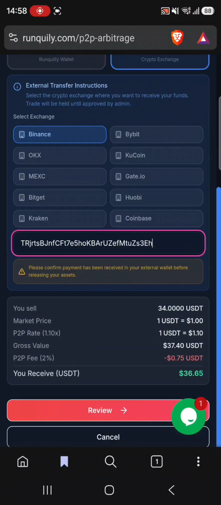So I'll receive 36.65. Crypto arbitrage has something called P2P fee, so it has deducted me 0.75. But the goodness of this arbitrage strategy is that you won't be deducted again when you withdraw, because your funds will be sent direct to your external wallet.